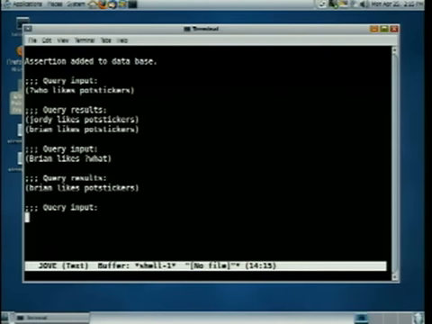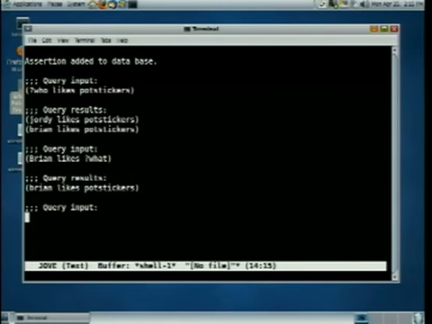And we get Brian likes pot stickers, which is a little interesting because Brian also likes ice cream. So why didn't it tell me that? And the answer is that this system works by pattern matching.